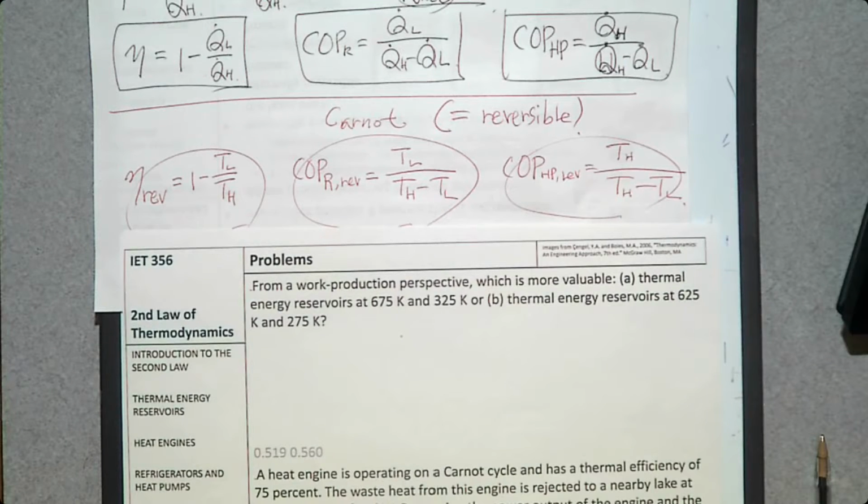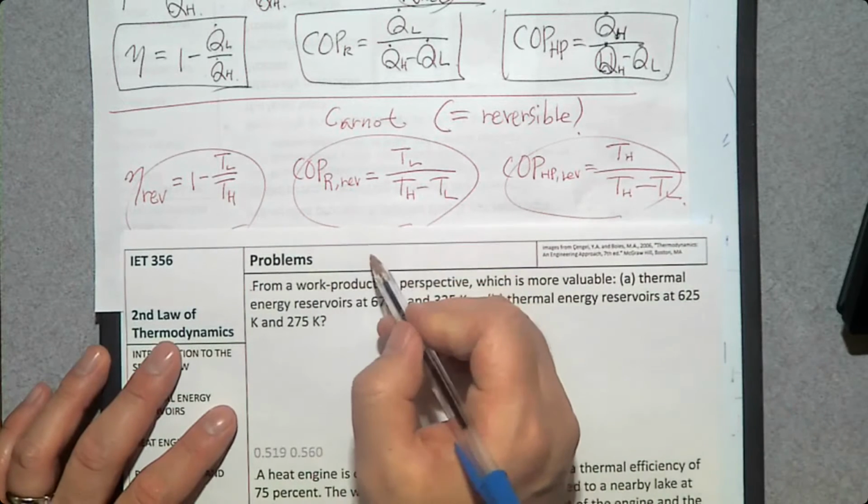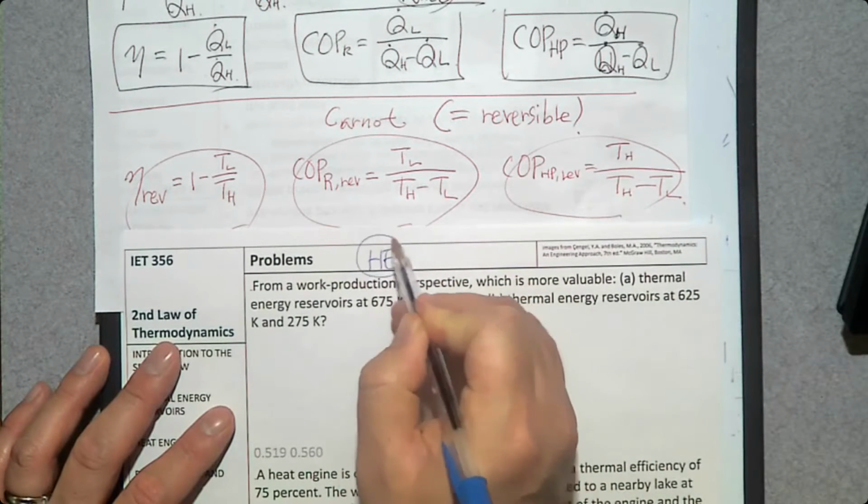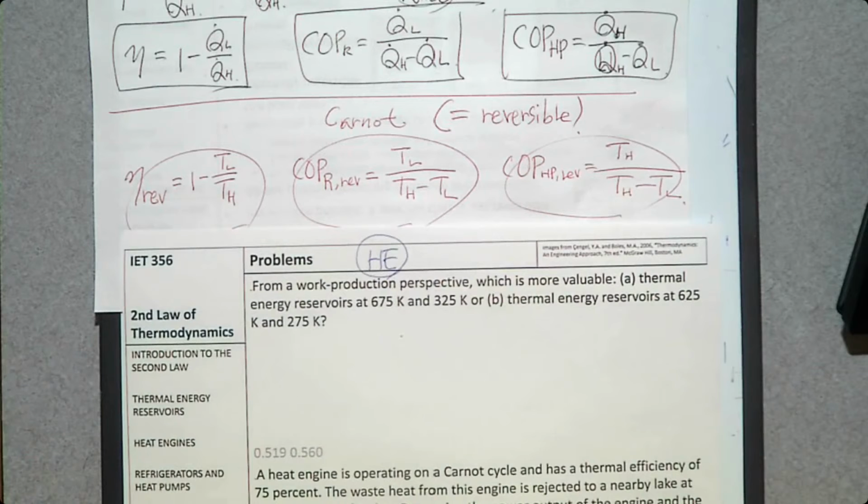It means that if you have a heat engine, which is more valuable? Thermal energy reservoirs at 675 and 325, or thermal energy reservoirs at 625 and 275.